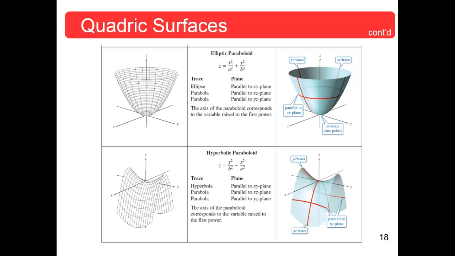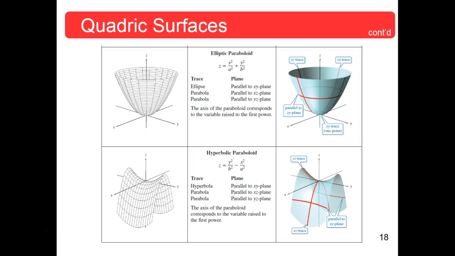You have parabolas this way, and you have parabolas this way. But it's hyperbolas when you cut this way, because this is curving this way and that one's curving that way, so you have a hyperbola that way and that way.